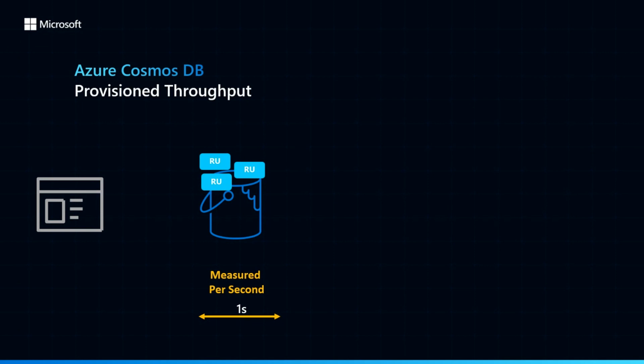If your usage of the provisioned throughput is exceeded for that second, you will have used up all of those RU in that bucket in that second. Your application will then be rate limited, and these throttled operations will need to automatically be retried in the following second when the bucket has been filled again.